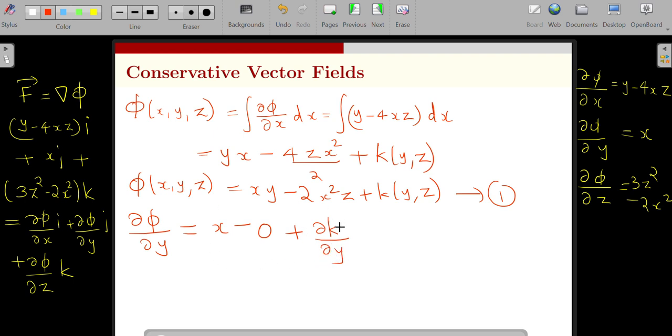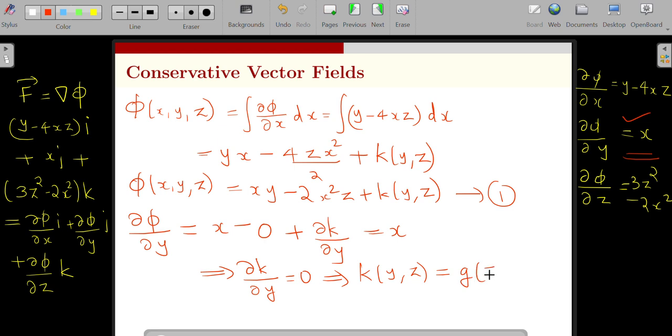Equating this with dou phi by dou y, which we know is x, we get dou k by dou y equal to 0. That means k of yz is a function of z only, say g of z. So phi of xyz becomes xy minus 2x square z plus g of z.